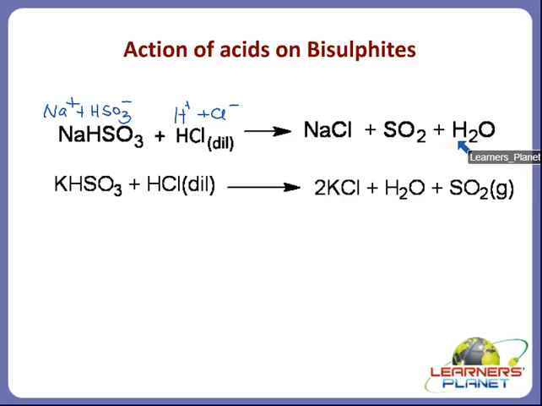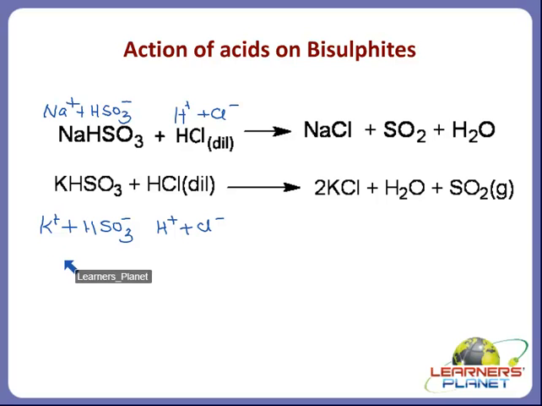Water. Okay, students? Now take another example, potassium hydrogen sulfite or potassium bisulfite. What type of ions will it form in solution? I'll write it here. It will form K plus and HSO3 minus ions. HCl will form what? H plus and Cl minus ions.